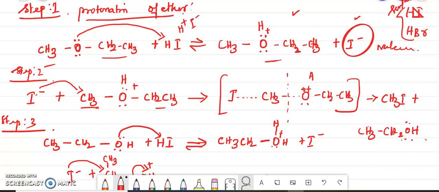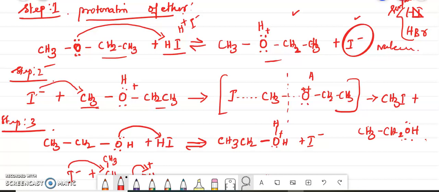You know that oxygen always carries a lone pair. So this group will attack the hydrogen halide. What happens actually? It reacts with the concentrated hydrogen iodide, starting with the protonation of the ether molecule.